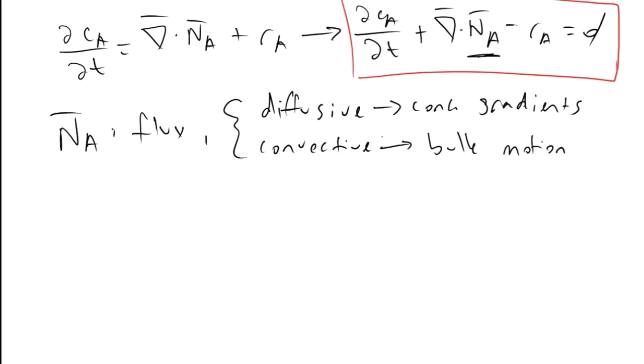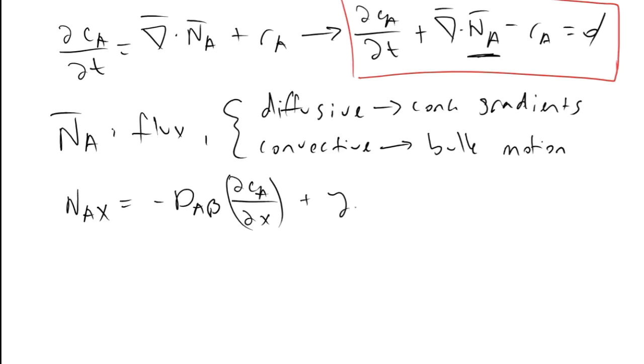What we will say is that NAX is equal to minus DAB, the diffusion coefficient, times the concentration profile of A in the x direction, dCA/dx, and then plus YA times, and then we're going to assume we're working with a binary mixture, and it's very common to work with binary mixtures or two-component systems in introductory courses.